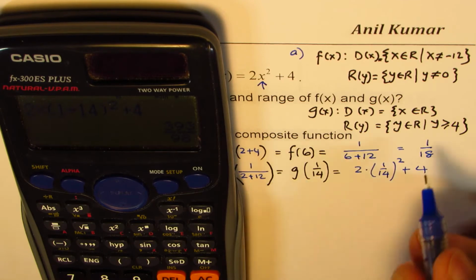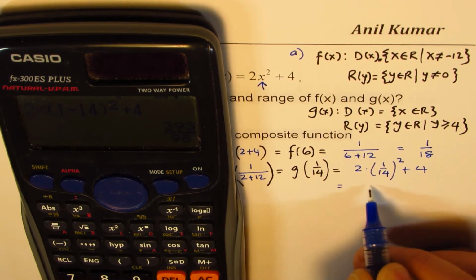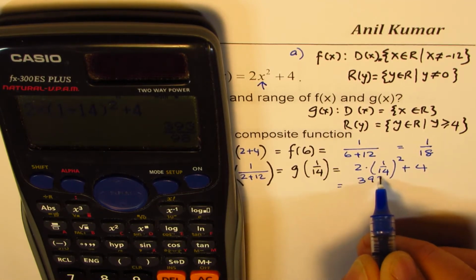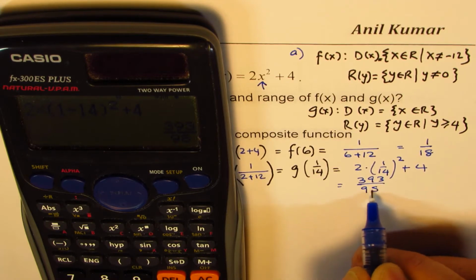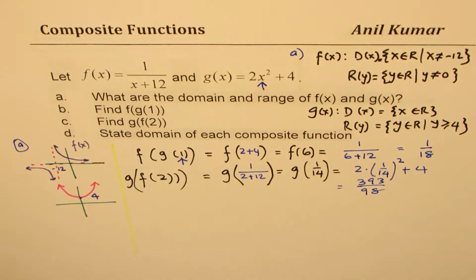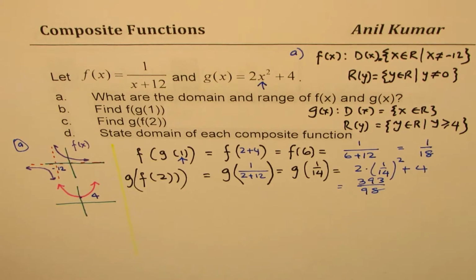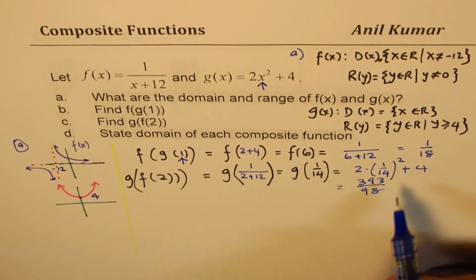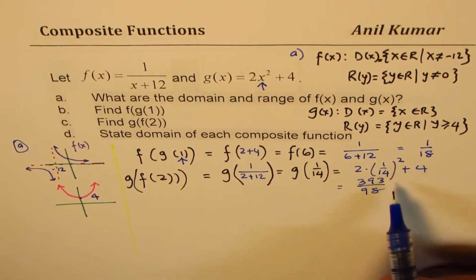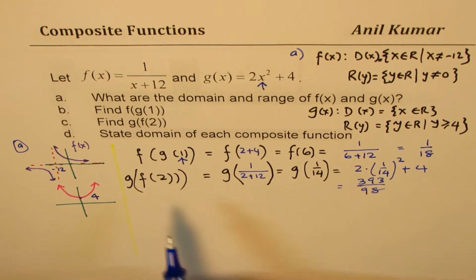Okay, so we get some big number here, which is 393 over 98. That's it. So you don't have to really use a calculator. I'm just using it. However, if it is restricted, it's not a difficult calculation.